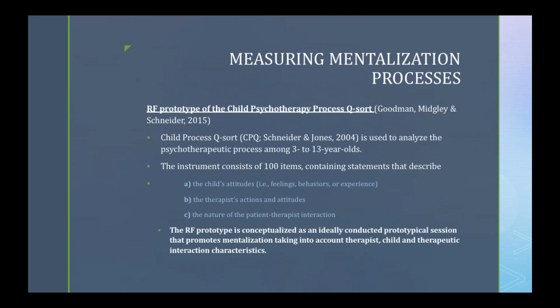So in the research that we do, in order to measure mentalization processes, we use the RF prototype of the Child Process Q-sort. The Q-sort consists of 100 items which contain statements that describe the child's attitudes, meaning the child plays spontaneously, that's an item, the therapist's actions, and the nature of the patient-therapist interaction.